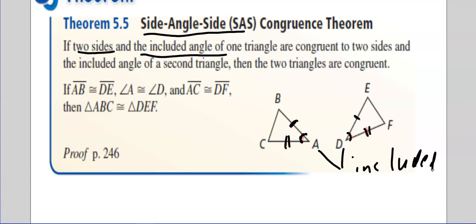So if this and this and this and this and these two angles match up, we have what is called SAS.